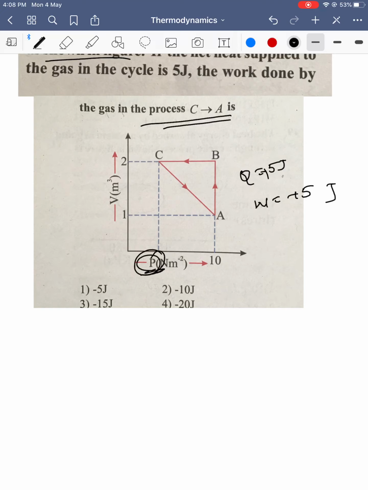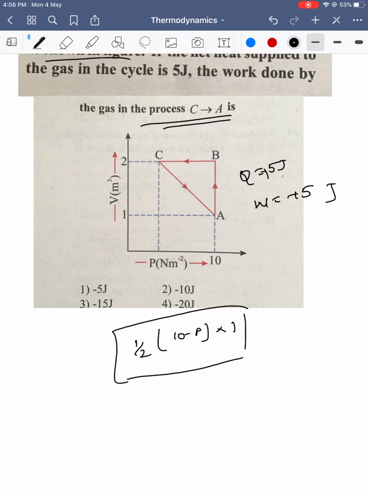The net work done is equal to half into 10 minus P into 1. I already solved this one in one of the videos, so you try to use this.